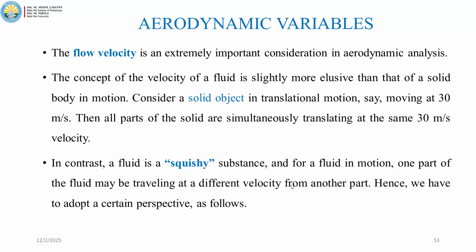Fluids are called squashy substances, and in a fluid in motion, one part of the fluid may travel at a different velocity from another. But in the case of a solid object in translational motion, moving at 30 meters per second for example, all the parts of the solid are simultaneously translating at 30 meters per second. So in the solid case it is not squashy, but in the fluid case, it may appear at different velocity at different points.